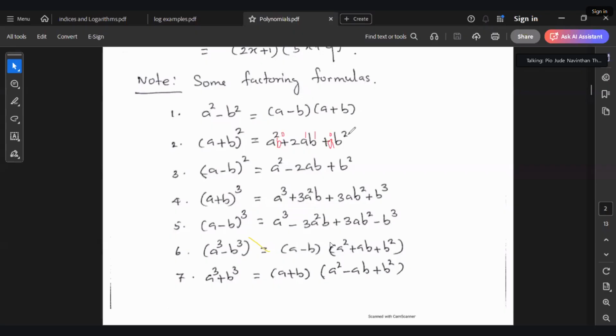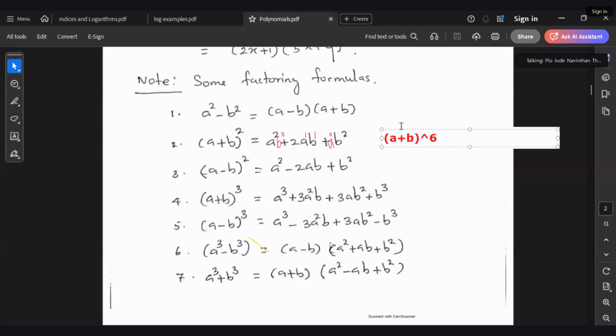So suppose we have A plus B holding the power, for example, 6.